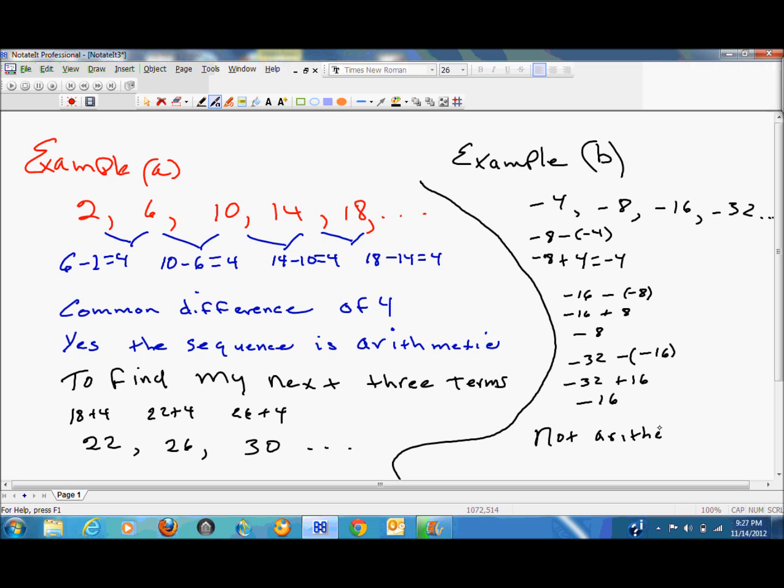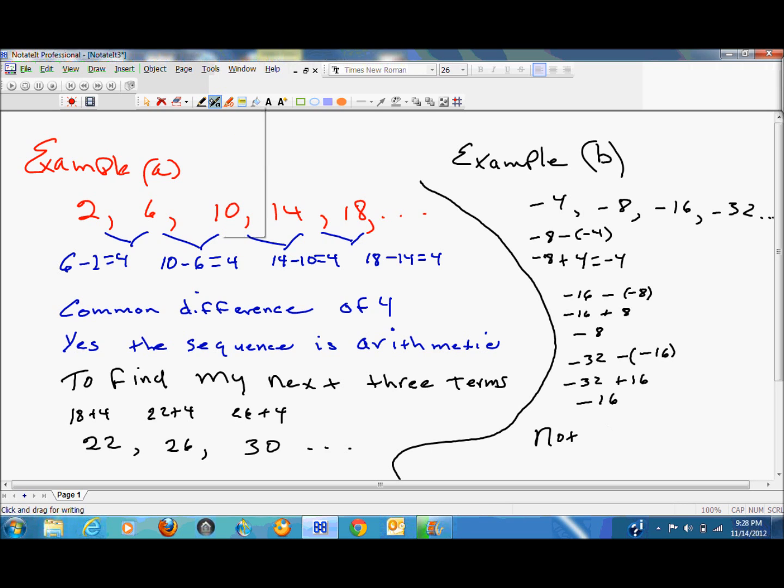Well, if it's not, oh, I lost my whole train of thought looking at that arithmetic. Sorry. But if we don't have that common difference that we so badly need, then the answer would be no, it is not arithmetic.